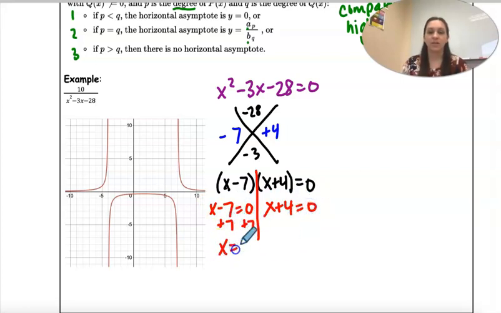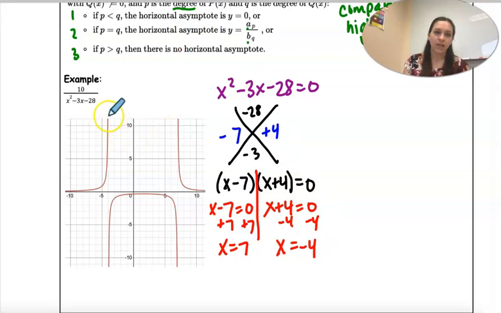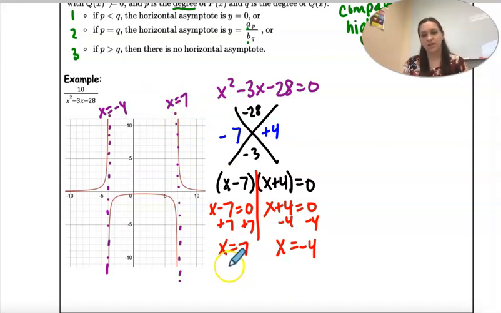So x equals 7 and x equals negative 4. That's these. x equals negative 4, x equals 7. These are our vertical asymptotes.